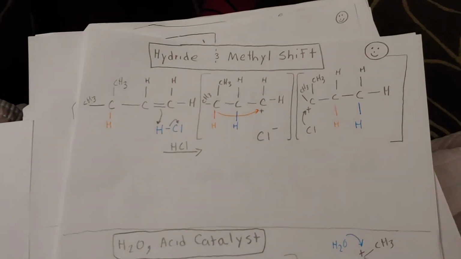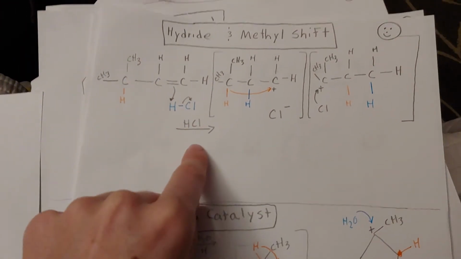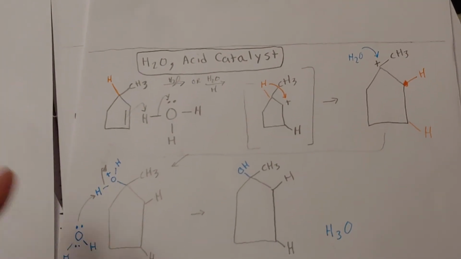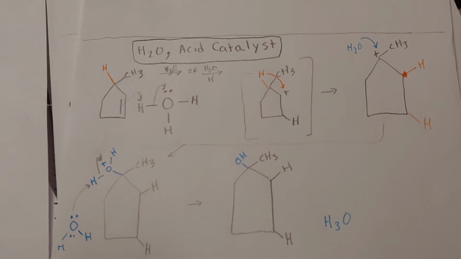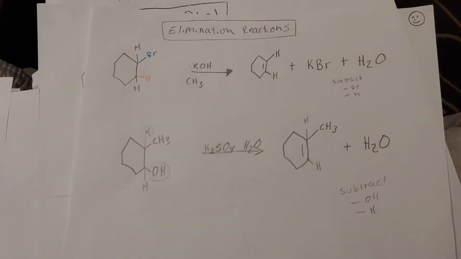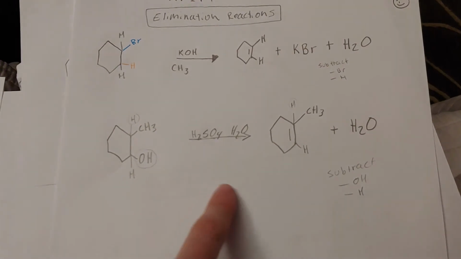Then we have the halohydrins. Then we have the methyl shift with hydrochloric acid. Then we have H3O. Let's go! Moving the H and having a hydrogen shift. Then we have elimination reactions. Yay!